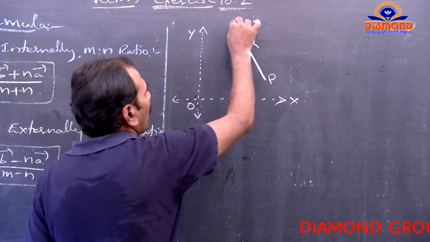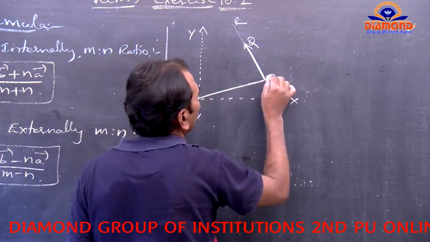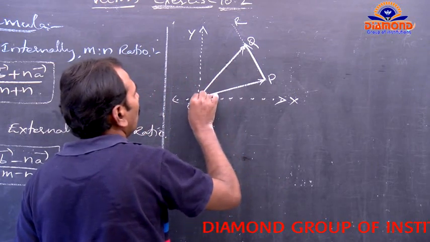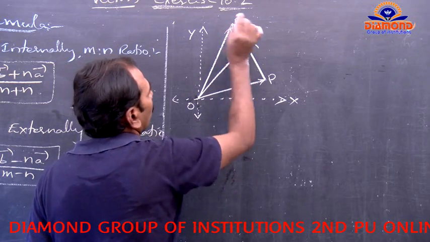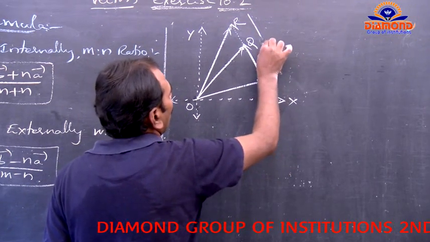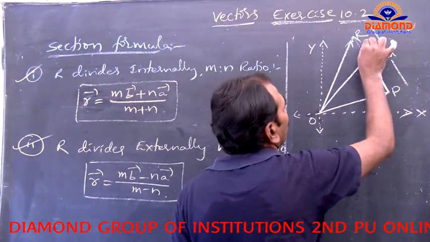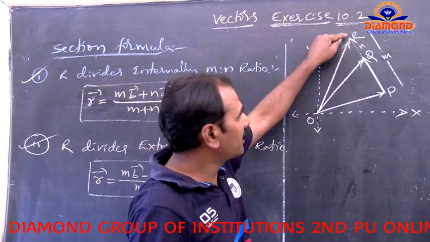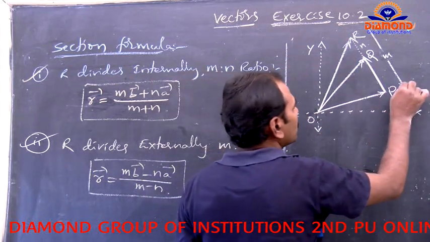You continue it up to R. Take this one, it is R. So OP is a position vector, OQ is also a position vector, and OR is also a position vector. This ratio is extended, so not internal but external.